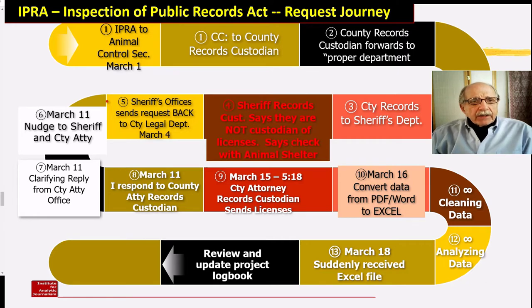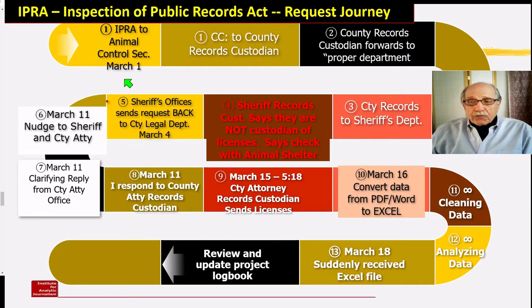I was traveling down the often winding trail of making a public records request for two things: a digital file of all the animal licenses for Santa Fe County between January 1st, 2018 and March 1st, 2021, and the contracts between the Santa Fe County and the Animal Shelter and the Humane Society to see what those were all about.